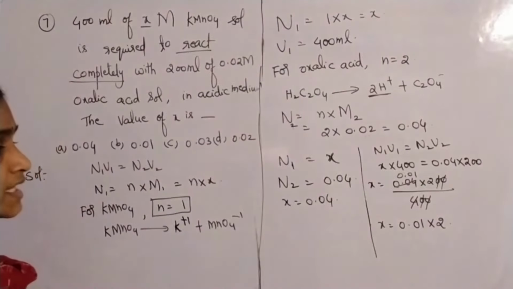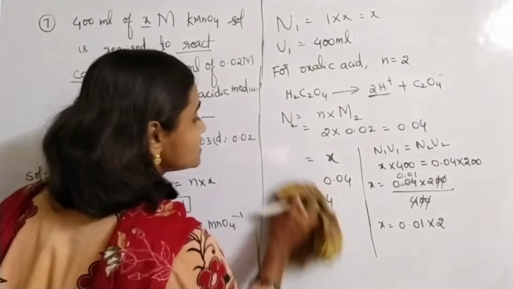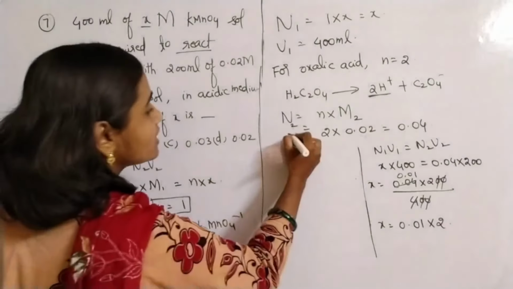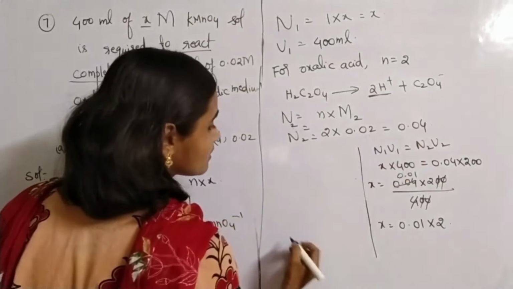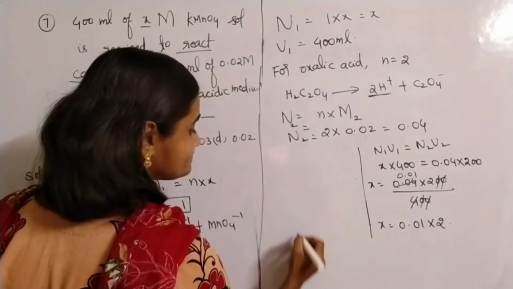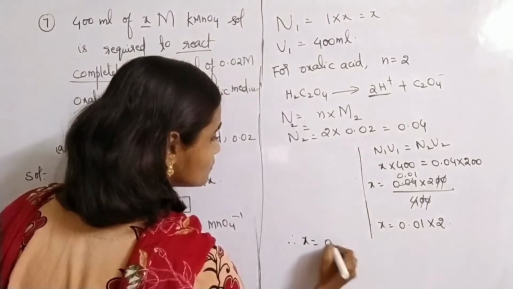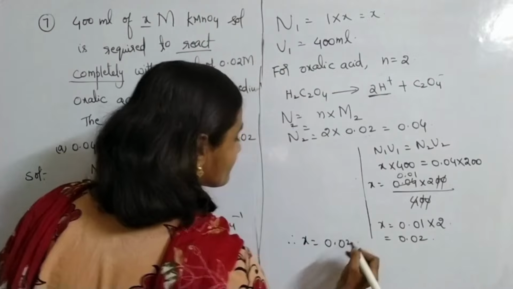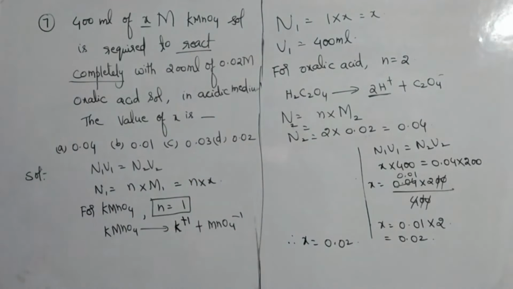Okay, x value you will be getting 0.02, not 0.04. Okay, n2 value we got it as 0.04. So x value, therefore, is how much? 0.02.